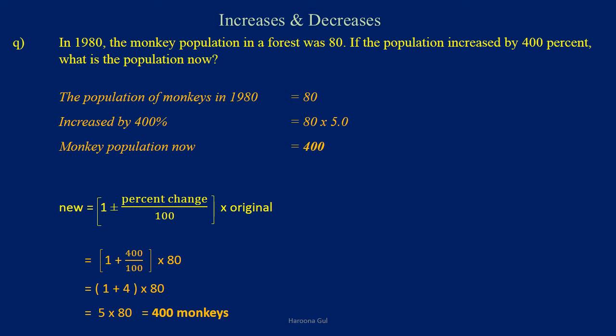And we're going to cancel out the extra zeros, and we'll be left with 4, and adding 4 with 1, we're going to get 5, and 5 into 80 is equal to 400 monkeys. See, answer is the same.